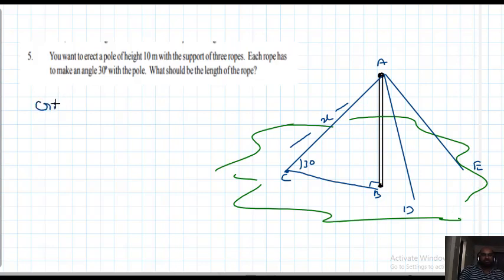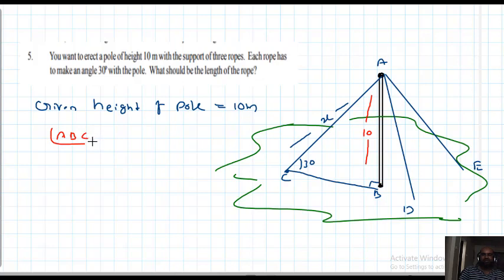Given the height of the pole equals 10 meters. This is 10 meters. Angle ACB, not ABC, that was wrong.